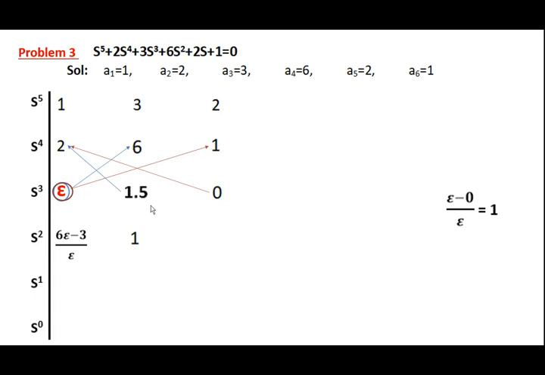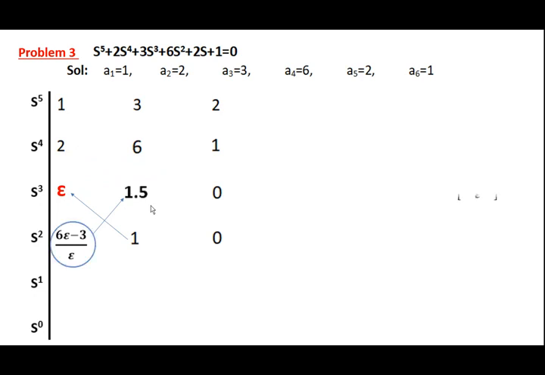Next, we got the values of the s^2 row. Next, find out the values of the s^1 row. So multiply (6 epsilon minus 3) divided by epsilon into 1.5 minus 1 into epsilon, divided by (6 epsilon minus 3) divided by epsilon.